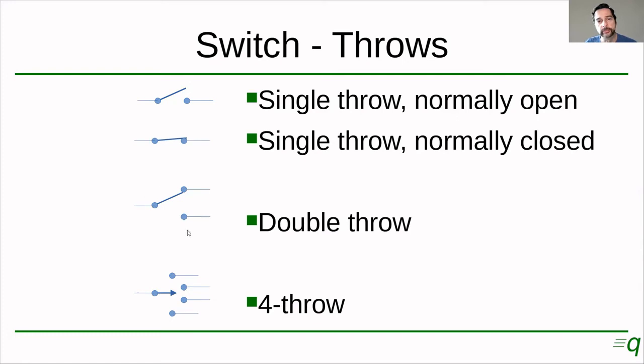So these could be done with a double throw switch. And again, we can extend this, and this would be a 4-throw switch. These are normally rotary switches, and this middle point can make contact with any of those. So this would be a selector switch to select one of 4 different functions in some piece of equipment, for instance. Okay.